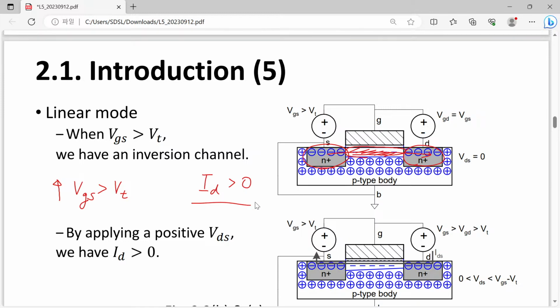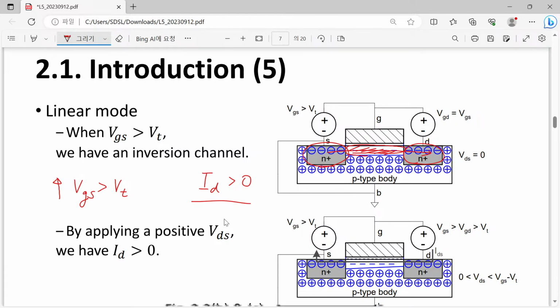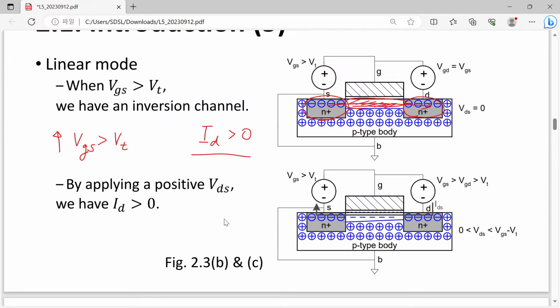In both cases, this is actually the VDS equal to 0 volt case. However, when we apply a non-zero voltage for drain voltage, since source is regarded as a reference, it means that we have applied positive drain voltage, and then we will have a lot of current.